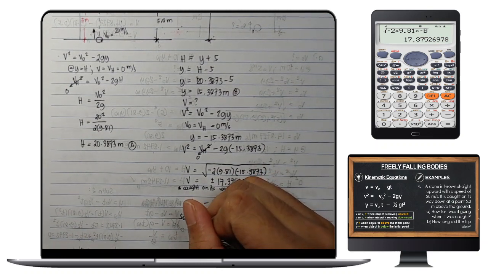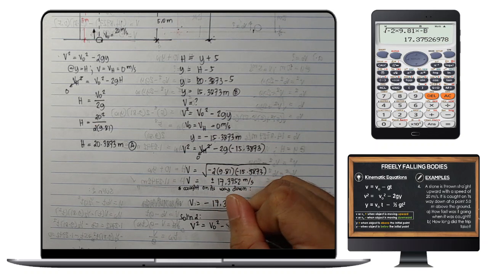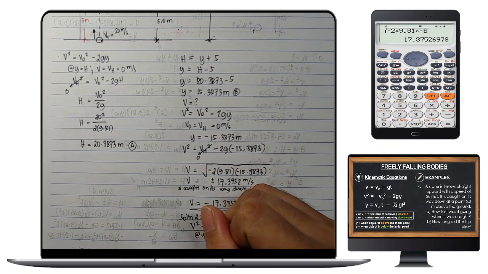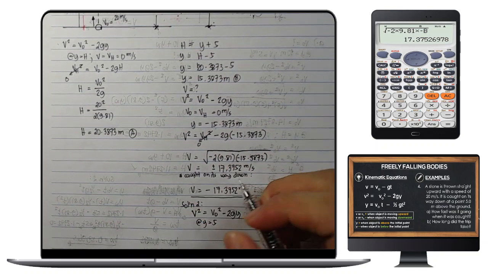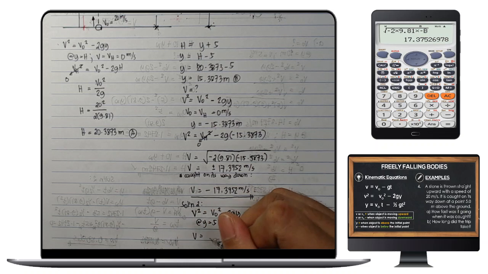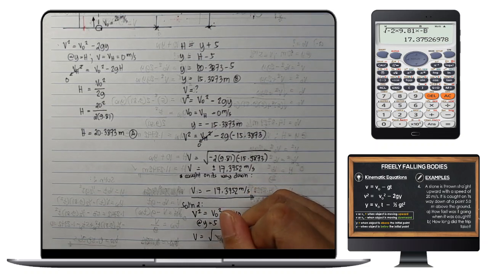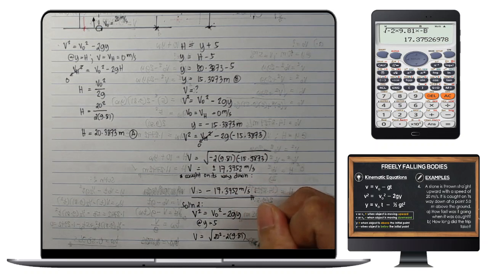So, using the second equation, v squared is equal to vo squared minus 2gy. So, yung y natin is equal to 5, yung vo natin is 20. So, v natin is equal to square root of 20 squared minus 2 times 9.81 times 5.